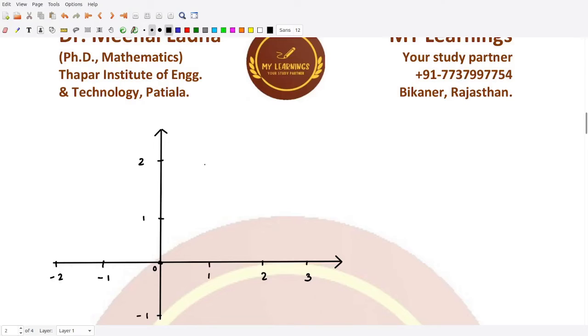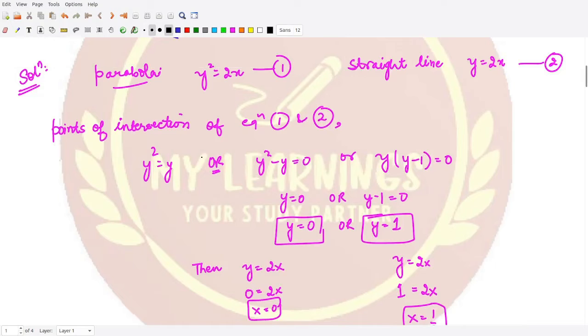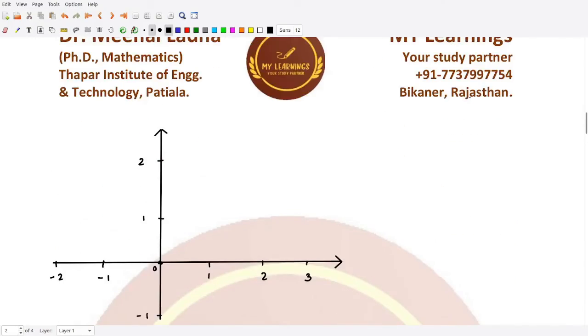Now we wanted to plot these. So we wanted to firstly plot the straight line y is equal to 2x. So you see one point is 0 comma 0. When you substitute x is equal to 1, the value of y is 2, so the next point would be somewhere here. Next when you substitute 2, your next point would be somewhere here, right?